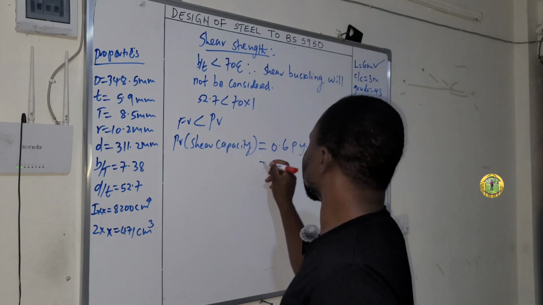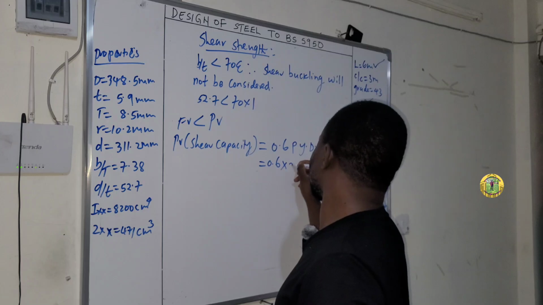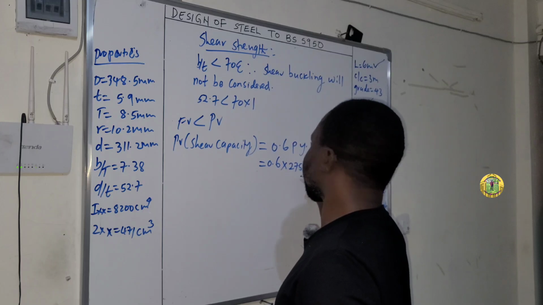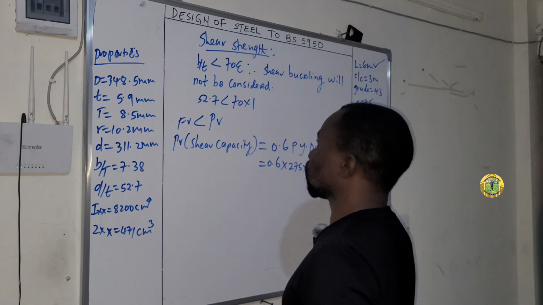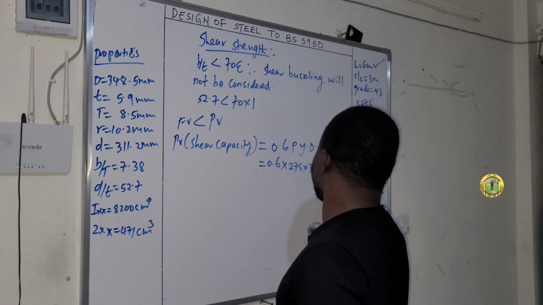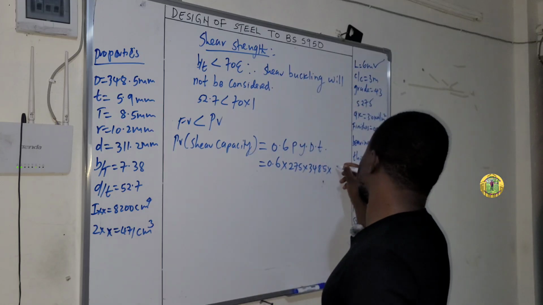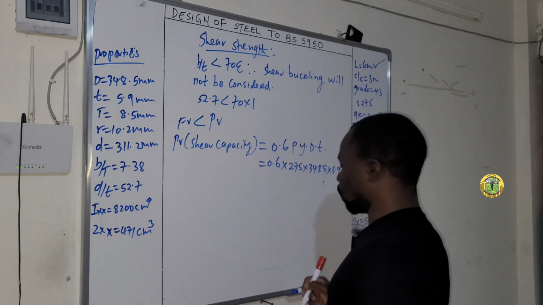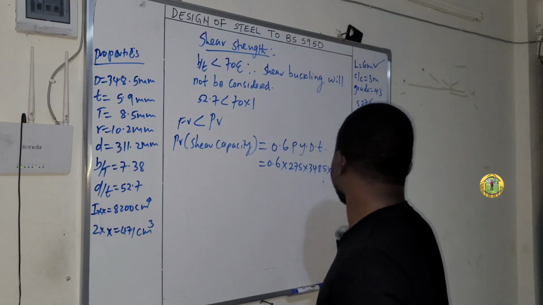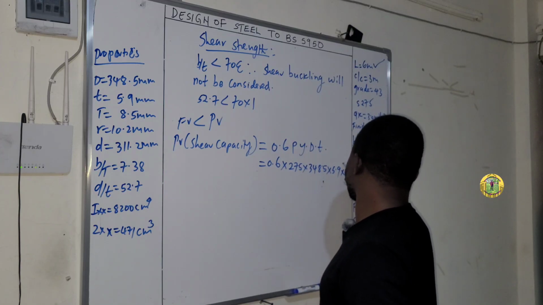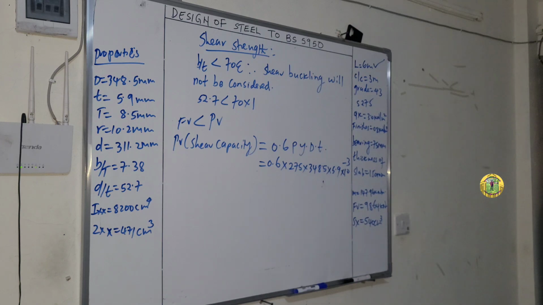So this one is equal to 0.6 times Py, which is 275, times D, which is 348.5, times small t, which is 5.9, like that. Then times 10 to the power of -3, so that we can get our answer in kilonewton.